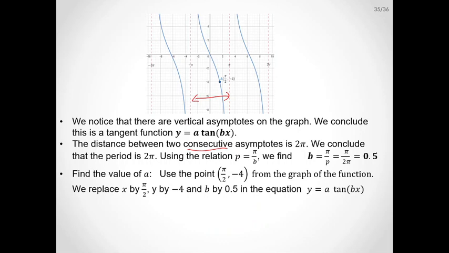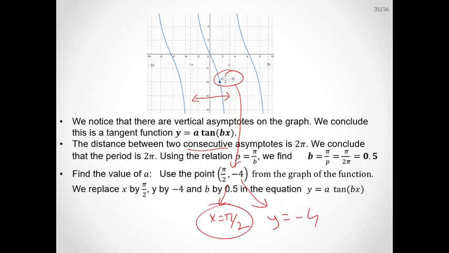And the next thing here is to find the value a, you can use that point here. This is given to us. And you say x equal to pi over 2. When x is equal to pi over 2, then y has to be minus 4. And then you put these in the function here. The function indeed is a times tangent 0.5x.